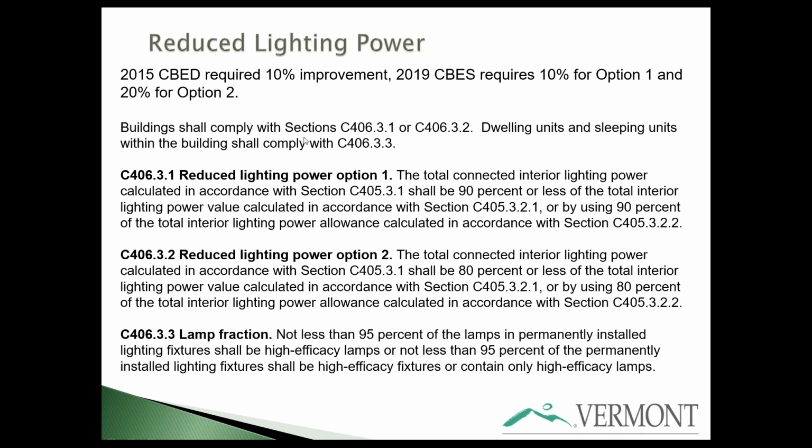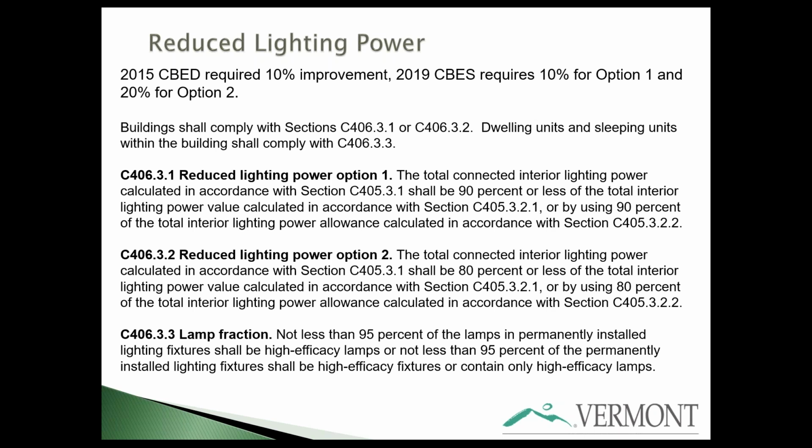To get points here, you have to comply with sections 4631 or 4632, but in either case, your dwelling units and sleeping units have to comply with 4633, which basically said, if you remember, section 405 required 90% of lamps or fixtures shall be high efficacy.